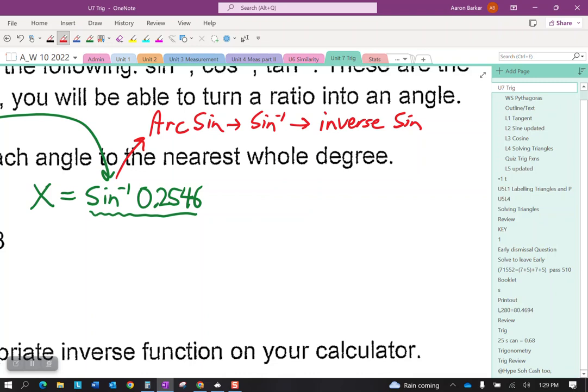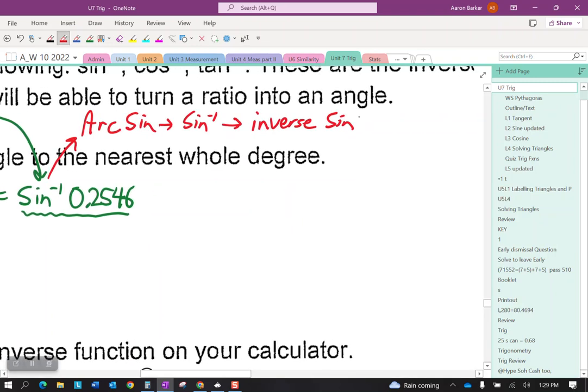Or some people, just to help them remember the key sequence, will call it the second function sine. I really don't care what you call it. We'll all know what you're talking about. Usually I say arc sine, but when I start talking to you guys for a while, I start saying inverse sine. I tend to find that's what you say when I start talking your language. Copying you. It's a sign of endearment.